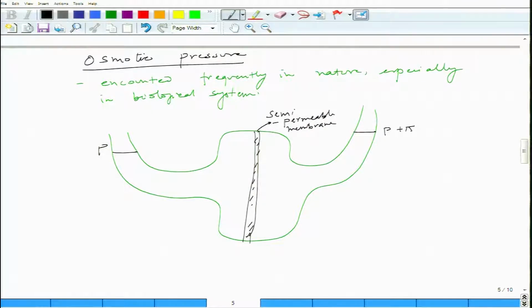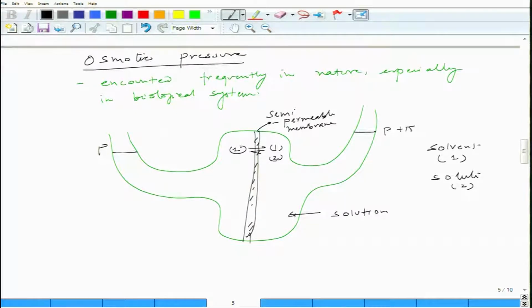Let us consider the solvent here is 1, and this is solute plus solvent. So, this is a solution where you have 1 and 2, solute is 2, and it allows only 1 to pass.